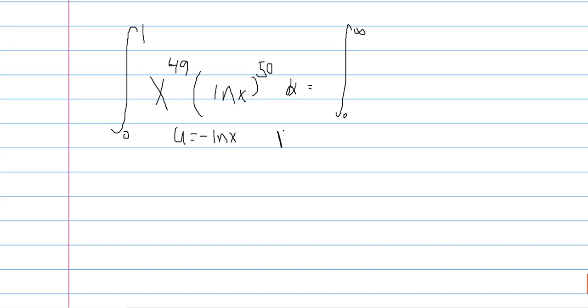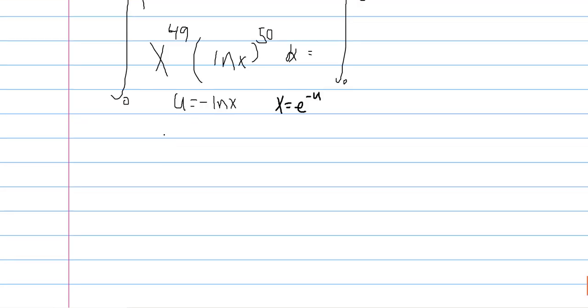And then we also have x is e to the negative u, and du is equal to negative dx over x. So we have negative x du equals dx.